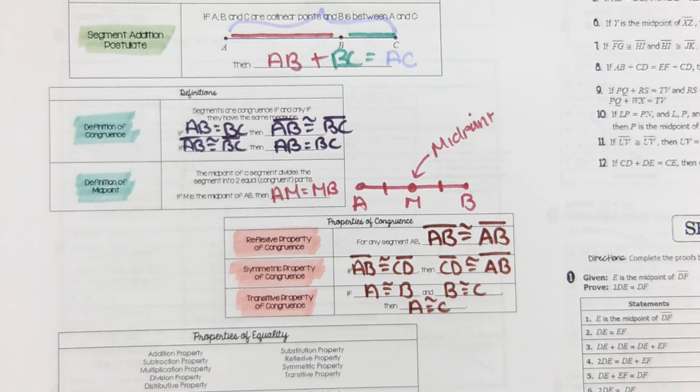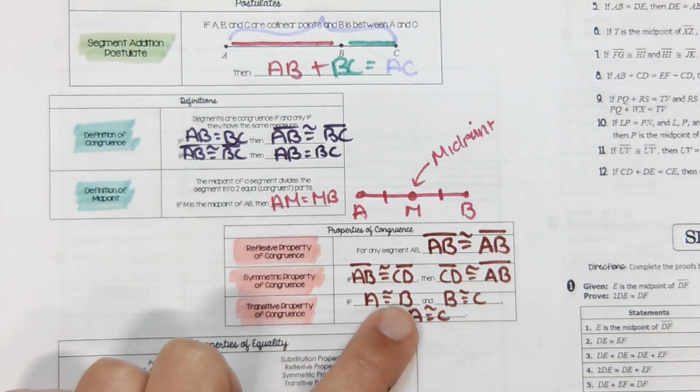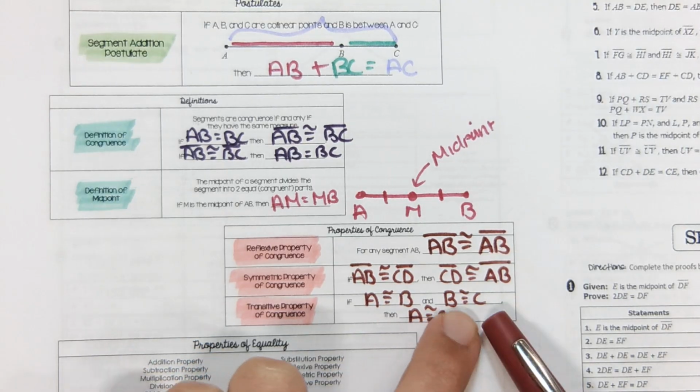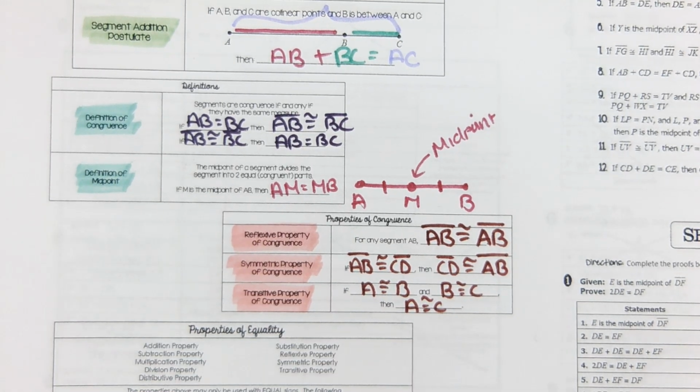Zoe and then Calvin and me. Oh, she isn't here today. Okay. So the visual example for this would be like if Calvin is the same height as Jillian, and then Jillian is the same height as Zoe, then we can say that Calvin and Zoe are the same height, and that's transitive property.